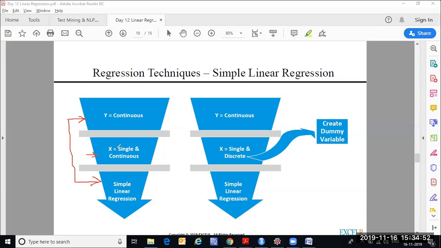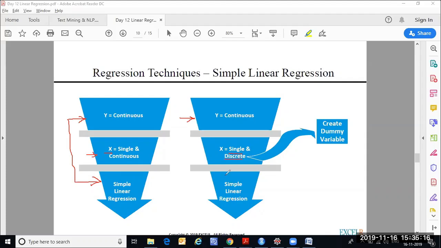Simple in the sense that the number of input variables you're using is just one single variable. That's why it is called simple linear regression. When y is continuous and x is single, but x is discrete this time.